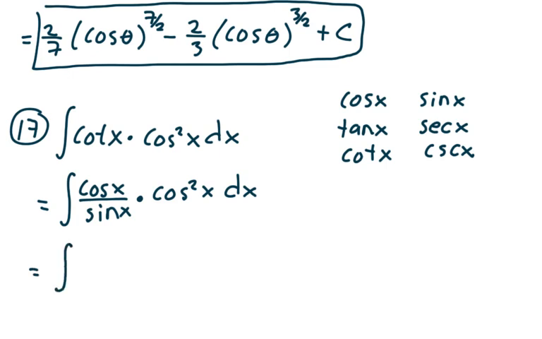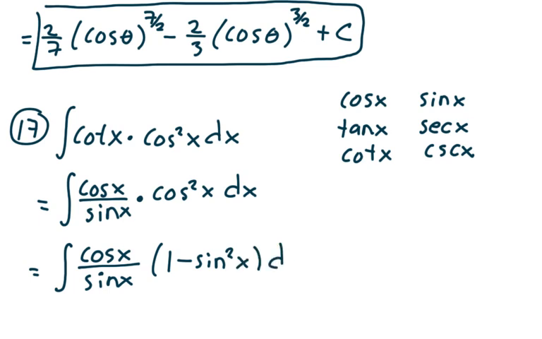Your goal is to do a substitution, and we can't do that in its present state. But we can do this, though. I can take cosine x over sine x and multiply it by 1 minus sine squared x. Do you agree?